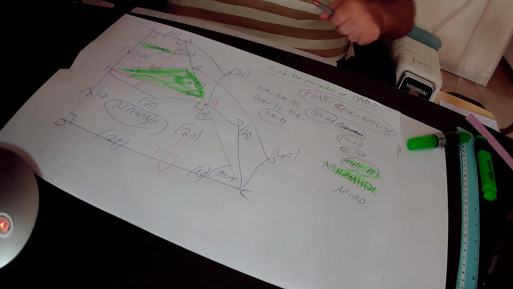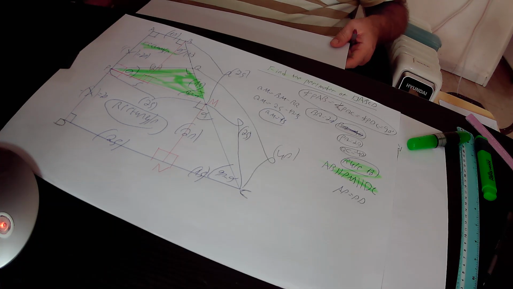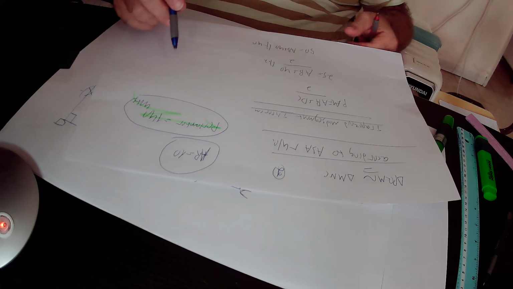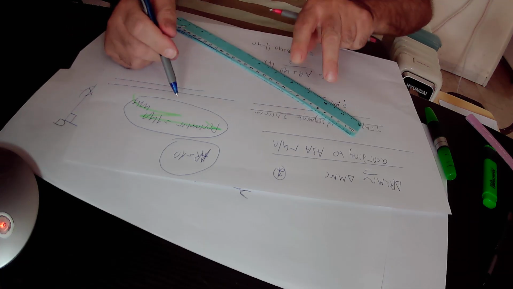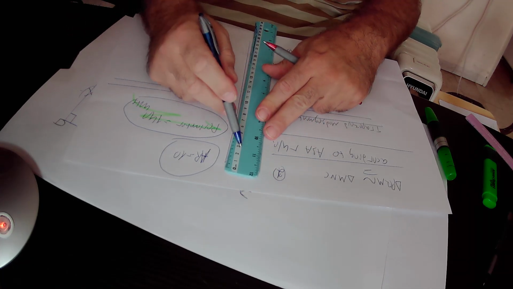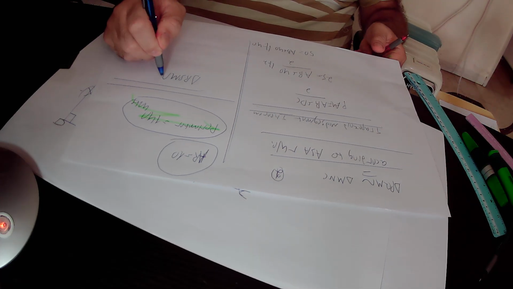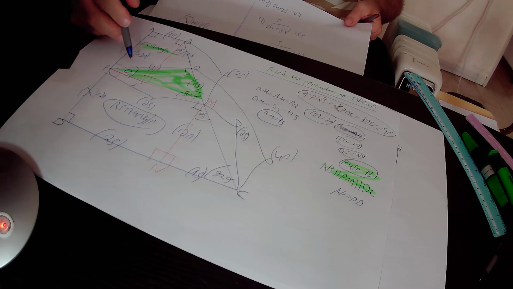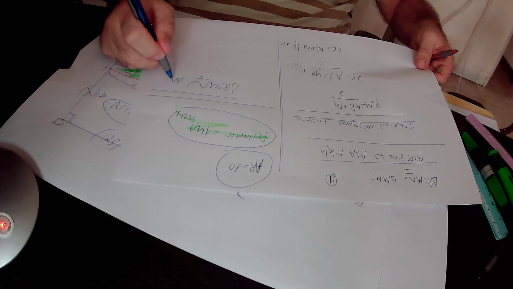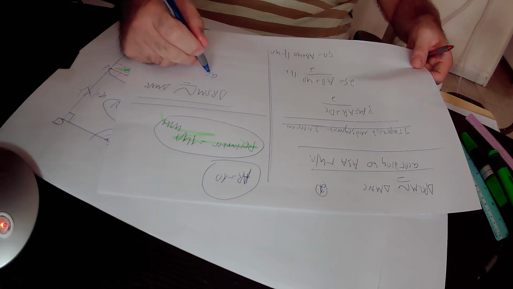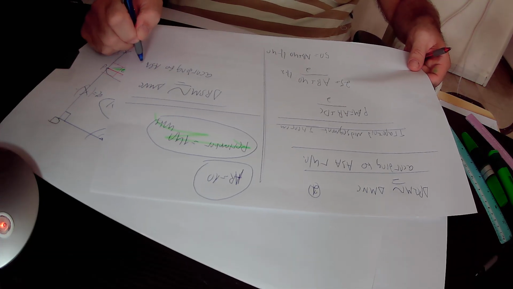So we found out that the upper right triangle BSM is congruent to the lower right triangle MNC, according to the angle-side-angle rule.